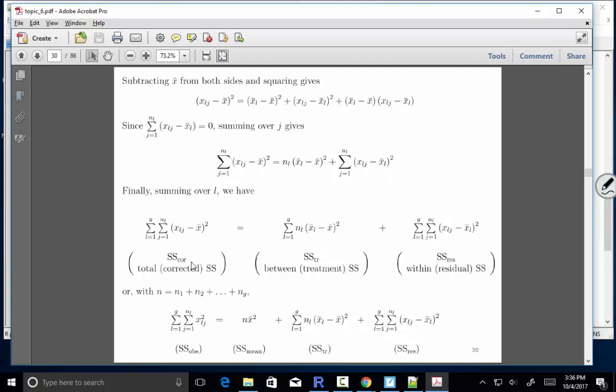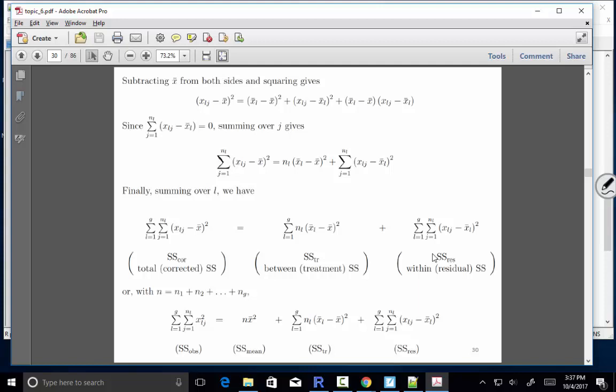The core relationship that ANOVA is built on is that you can take what we call a total sum of squares and write it as the sum, exactly, of a sum of squares that speaks to between group variability plus a sum of squares that speaks to within group variability.